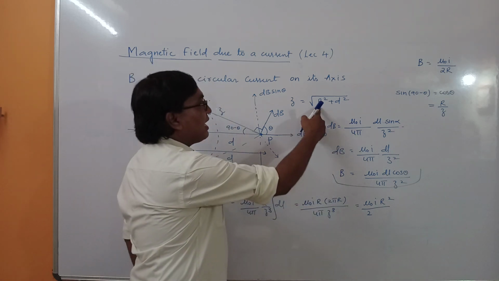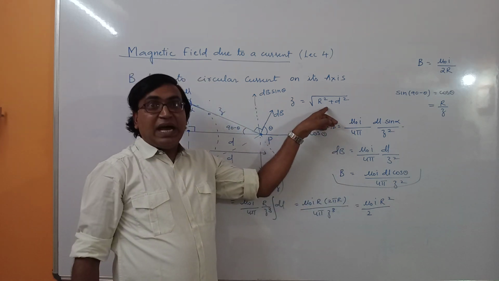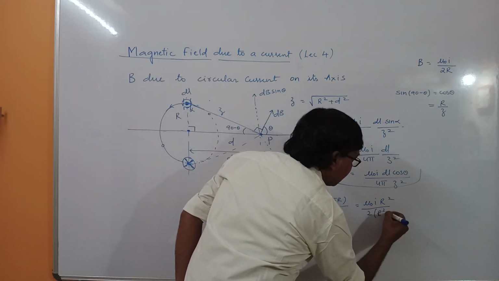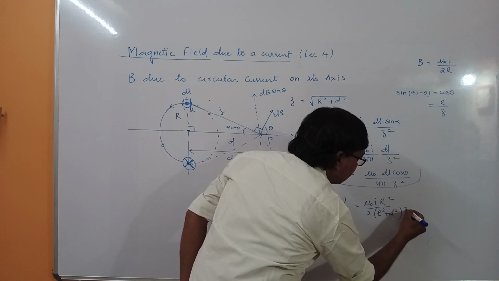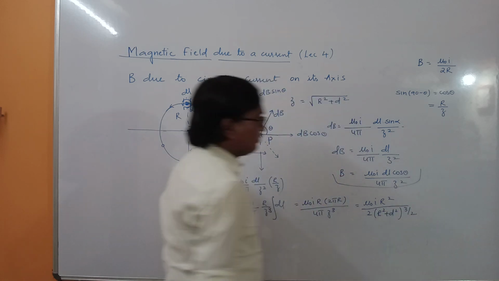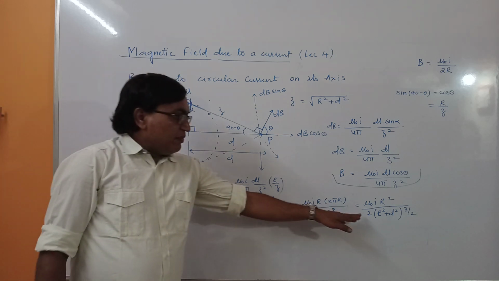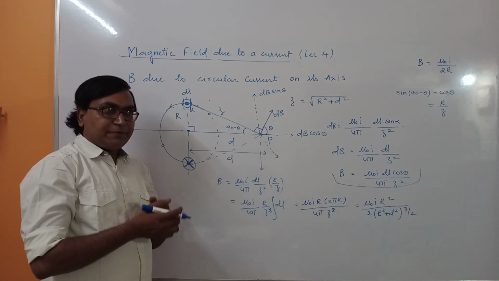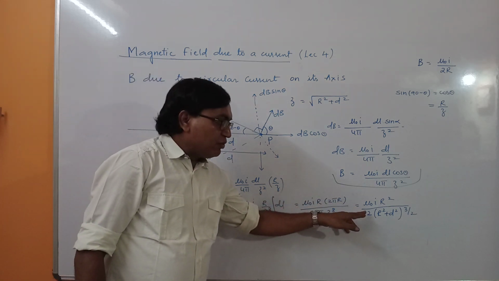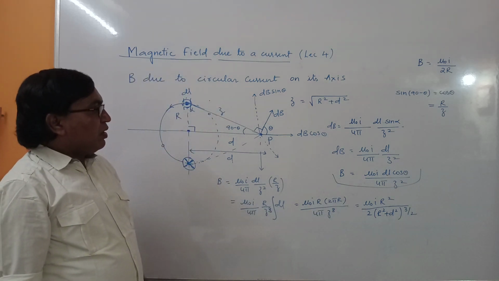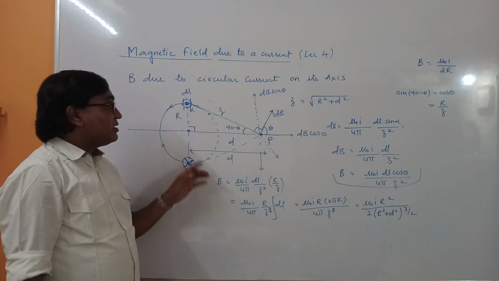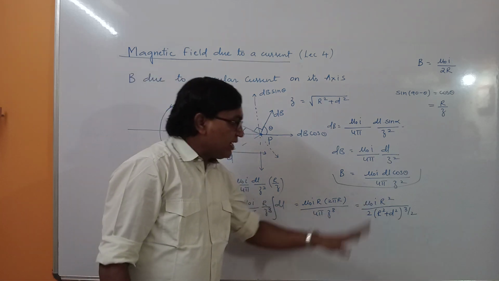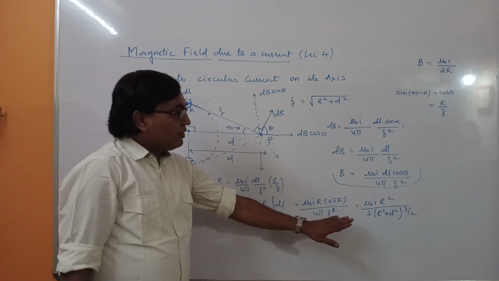So z is r square plus d square raised to half, so we will get r square plus d square raised to 3 by 2. Okay. So this is the magnetic field due to a circular loop at a distance d on its axis. Magnetic field due to a circular loop on its axis at a distance d from its center. So from the center this distance is d, R is the radius. Fine. So we got this equation.